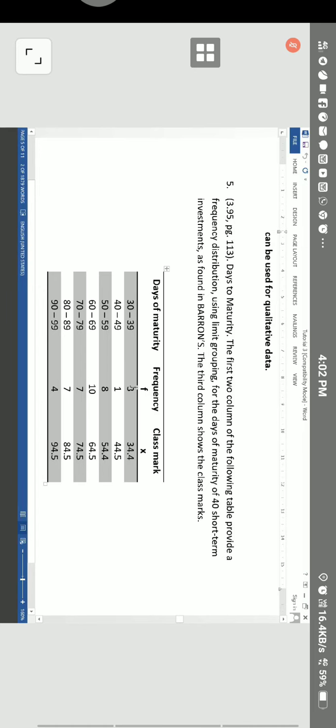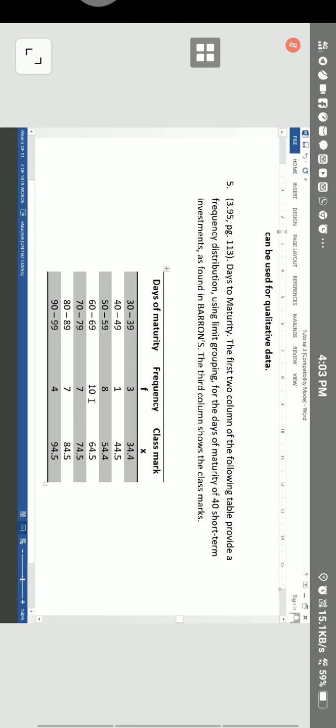For the group data, the first 2 columns of the following table provide a frequency distribution using limit grouping for the days to maturity of 40 short-term investments found in Barron's. The third column shows the class marks: 34.5, 44.5, 54.5, 64.5, 74.5, 84.5, 94.5.